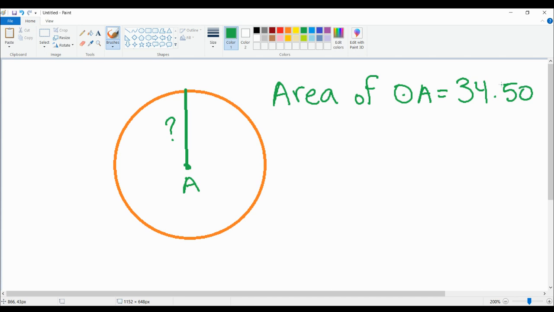I'm just making these up on the go and solving them with you guys. So I want you to pause the video and try this problem on your own and tell me when you're done.